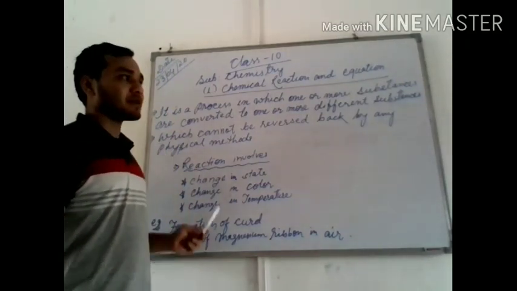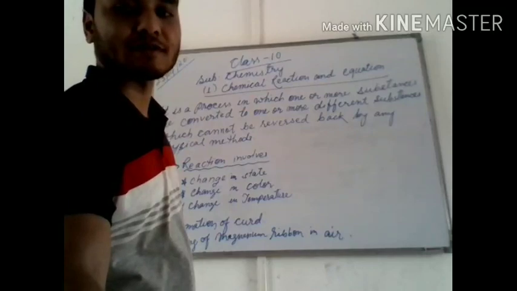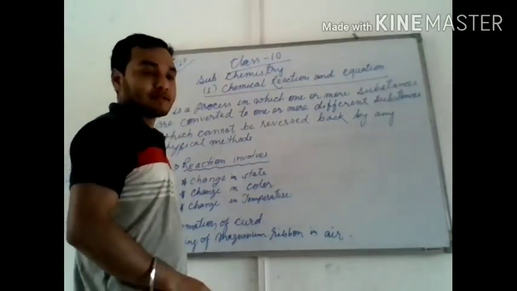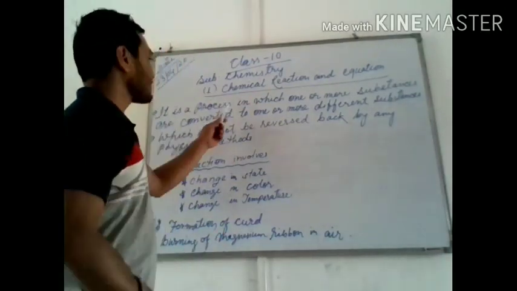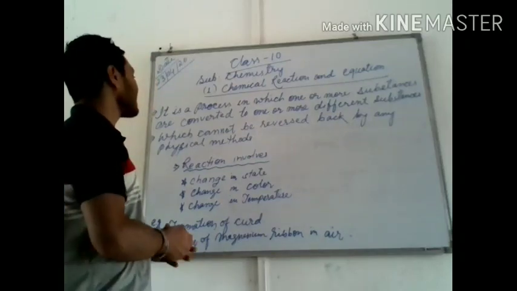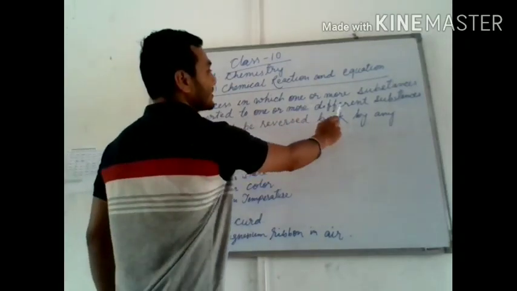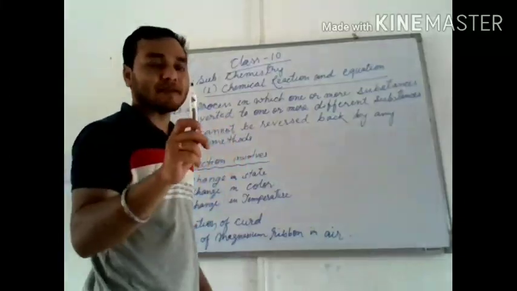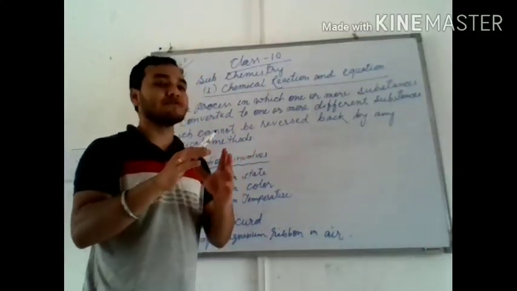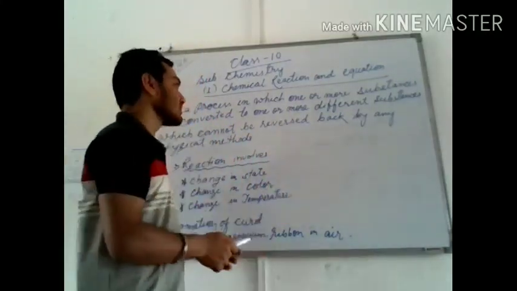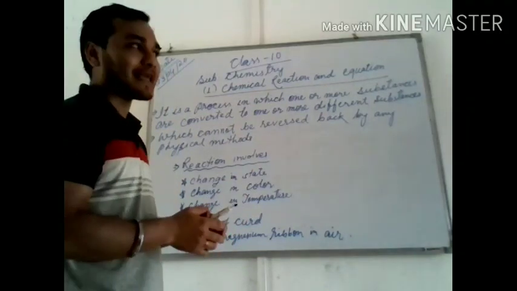So here it goes, it is a process in which one or more substances are converted to one or more different substances. That means if any one substance will be converted to many substances, that process is known as chemical reaction.